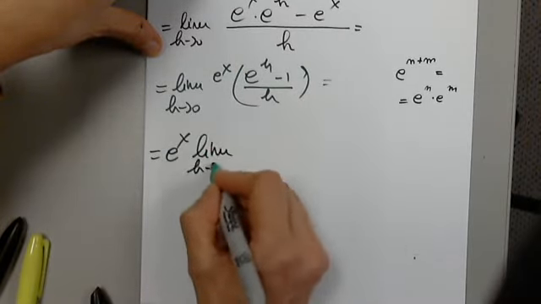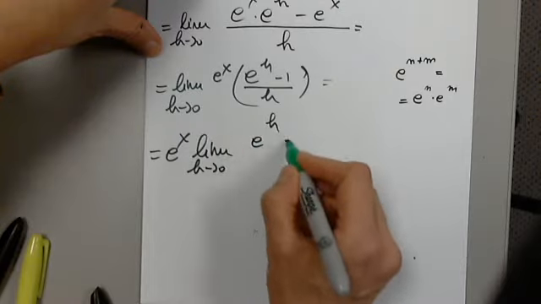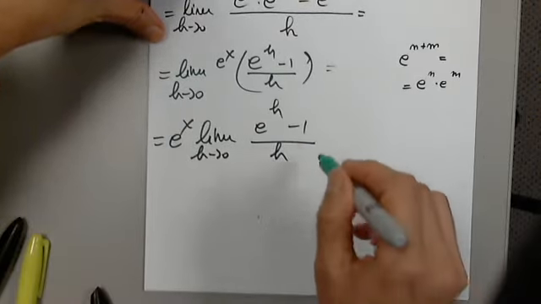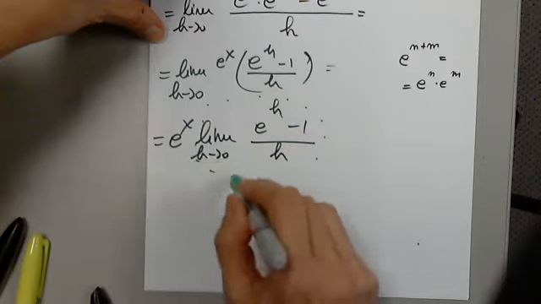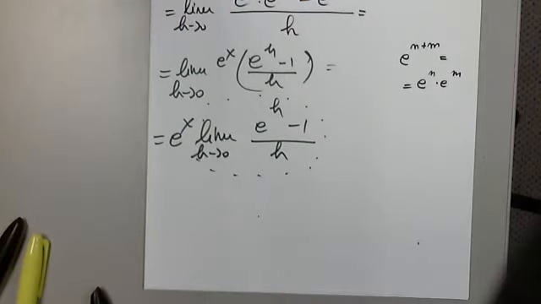Limit as h approaches 0, e to the h minus 1 over h. I like to put this in the graphing calculator, and I want you to give me the limit. So let's go to y equals, clear, and I put parentheses for the top, e to the x, I don't have h in the calculator, minus 1 divided by x.